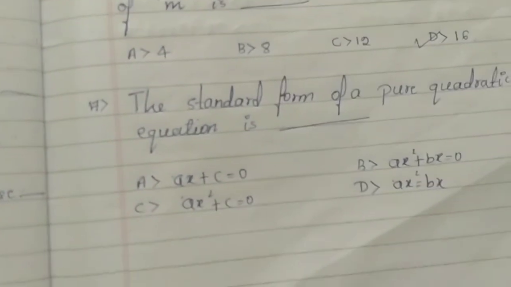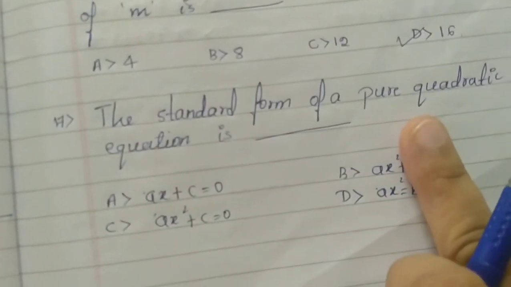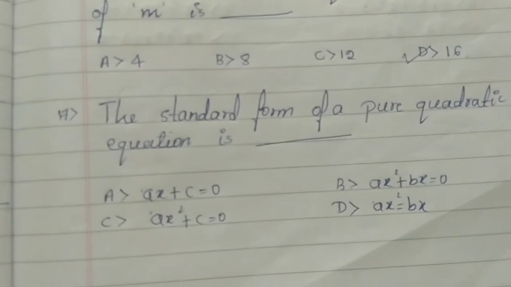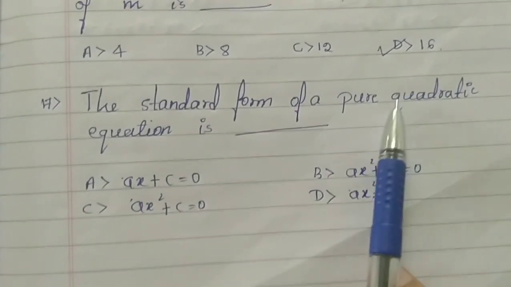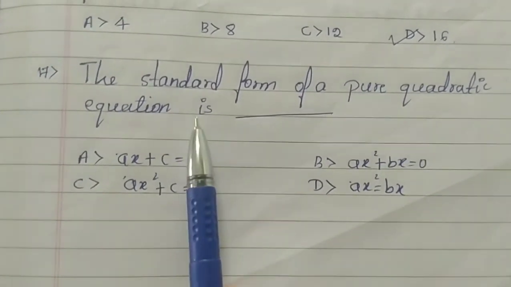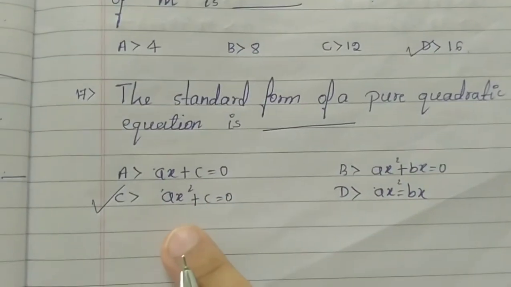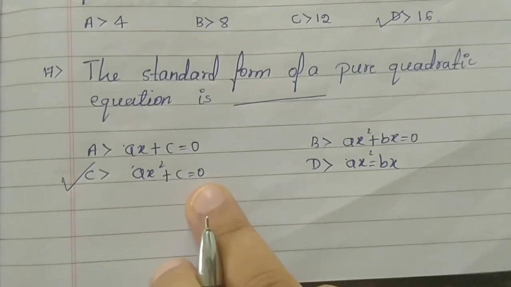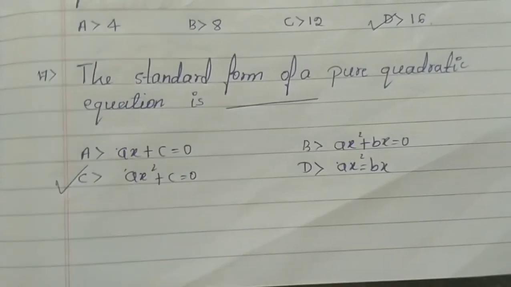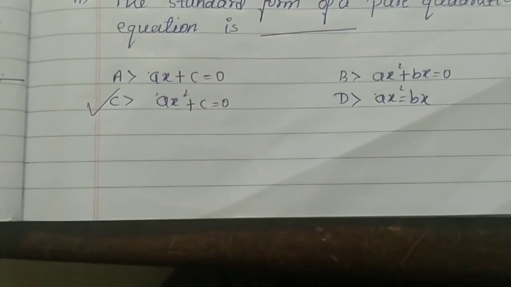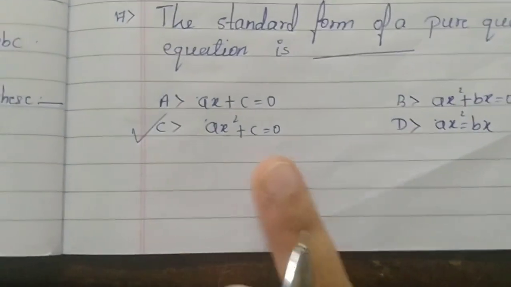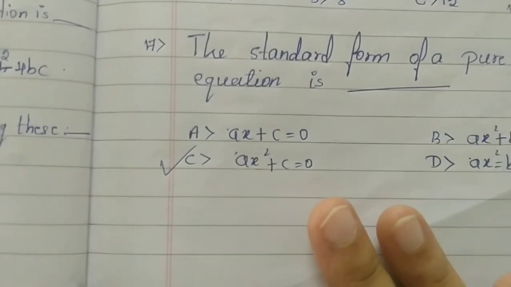Okay, so now we will see the next question. The standard form of a pure quadratic equation is always ax square plus c is equal to 0. So what is a pure quadratic equation?